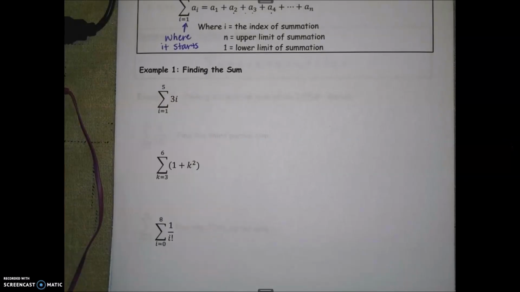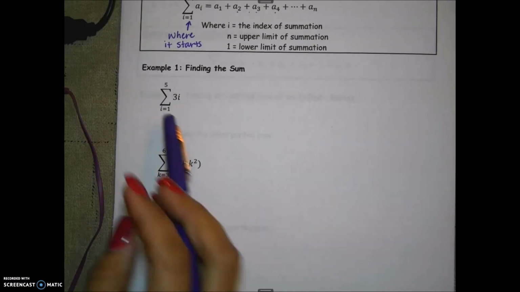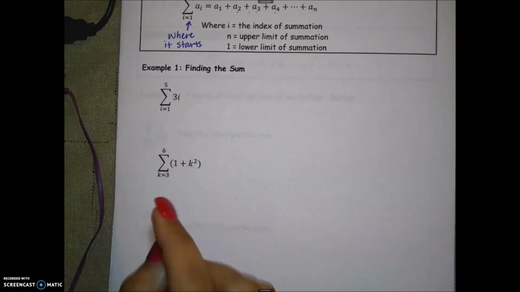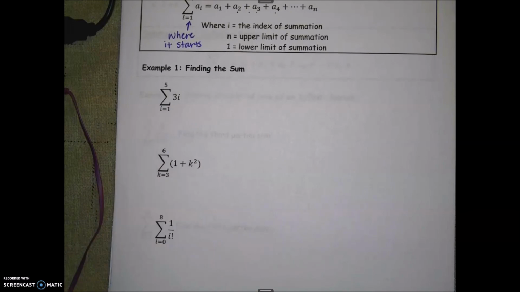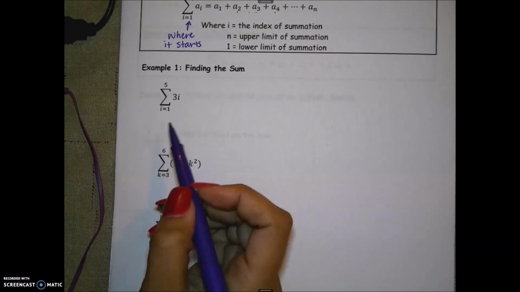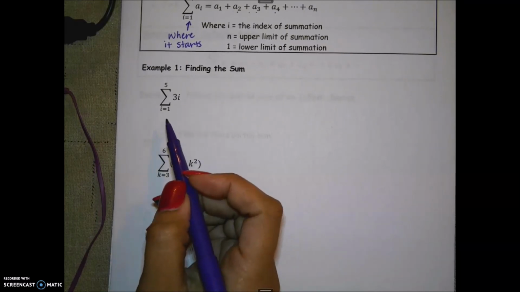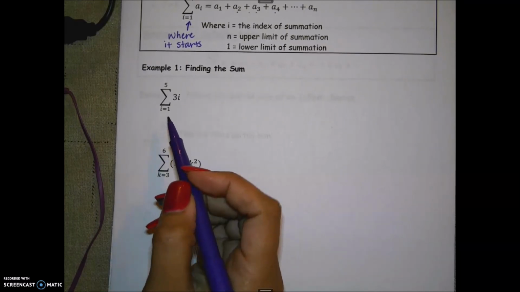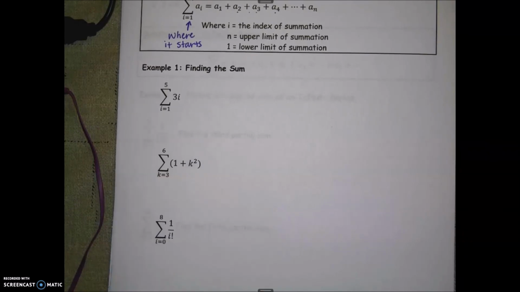For example number 1, we're going to be finding the sum of each one of these series. These series are finite sequences because I'm looking at a specific set of data rather than a sequence that goes on and on. Remember when we were finding sequences, we might be asked to find the first 4 terms.